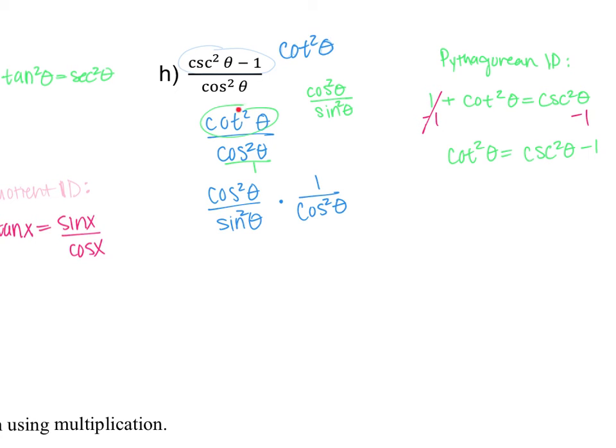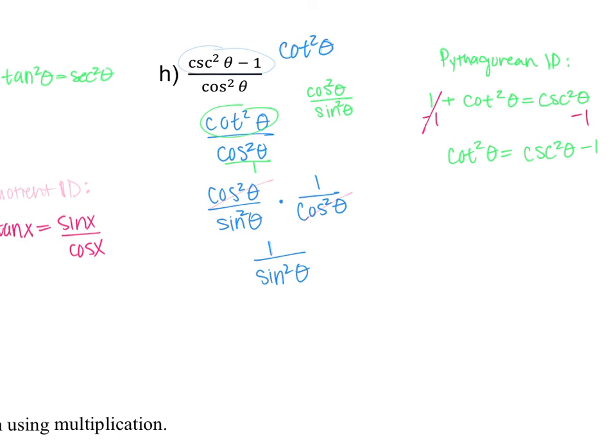So what I did was write cotangent in its cosine and sine form, and then divide it by cosine squared. I had to write it as 1 over cosine squared in order to divide. From there, I can see that the diagonals cancel, and I'm left with 1 over sine squared.